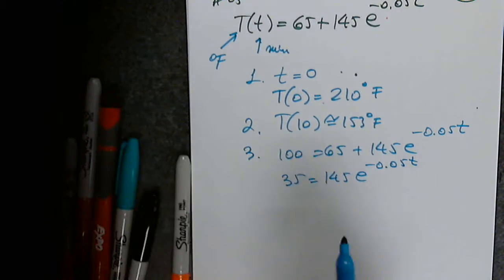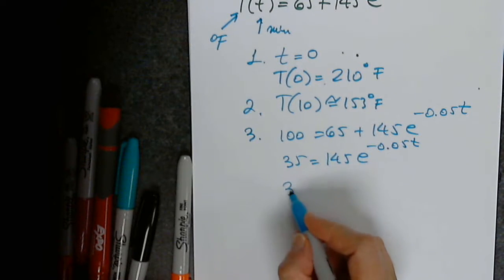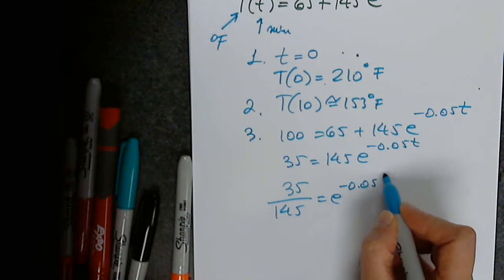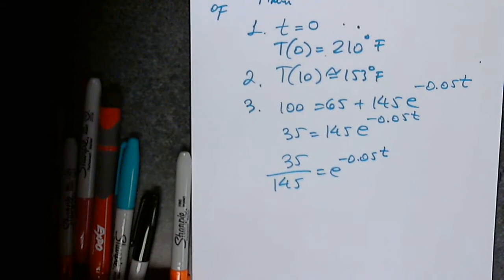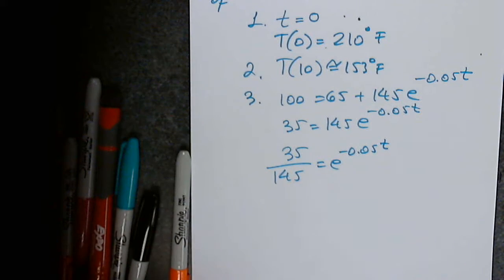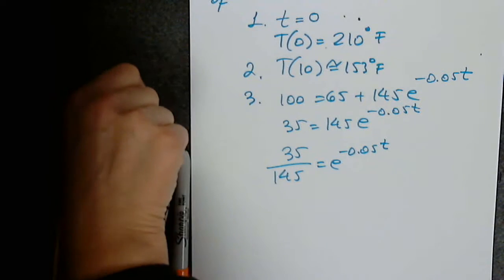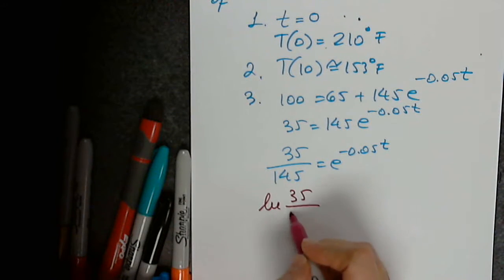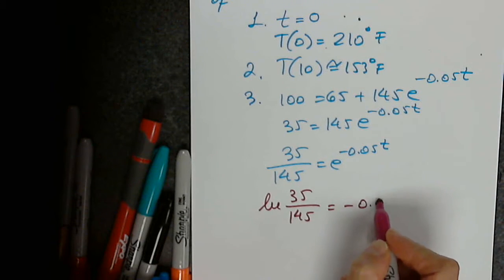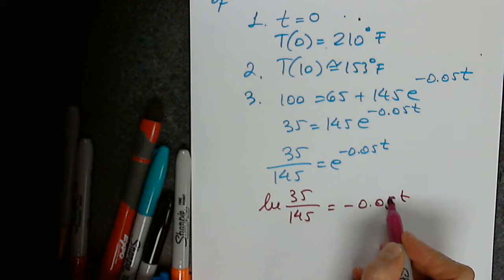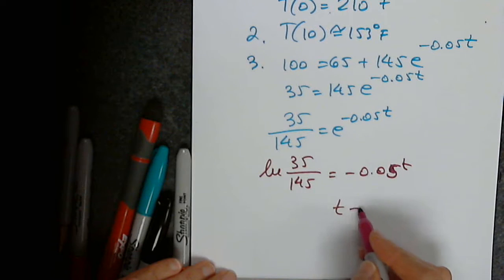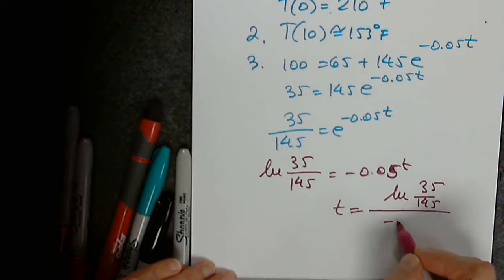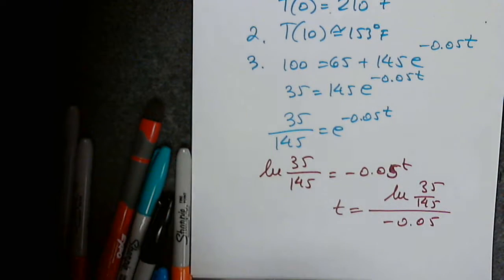What happens next? Yes, I have to divide. And of course, like we did so many times before, I have to apply natural log. And then t equals natural log of 35 over 145, divided by negative 0.05.